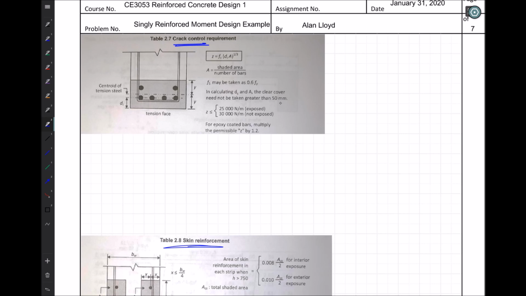So for crack control requirements, we're going to compute z equal to fs times dc times A to the 1/3 power and compare it against what we have down here for z maximum values. Now, in this case, if the problem didn't specify this, let's assume this is interior exposure.